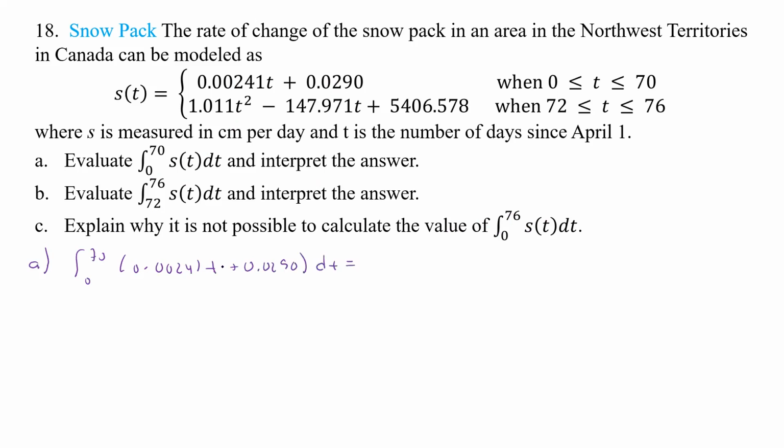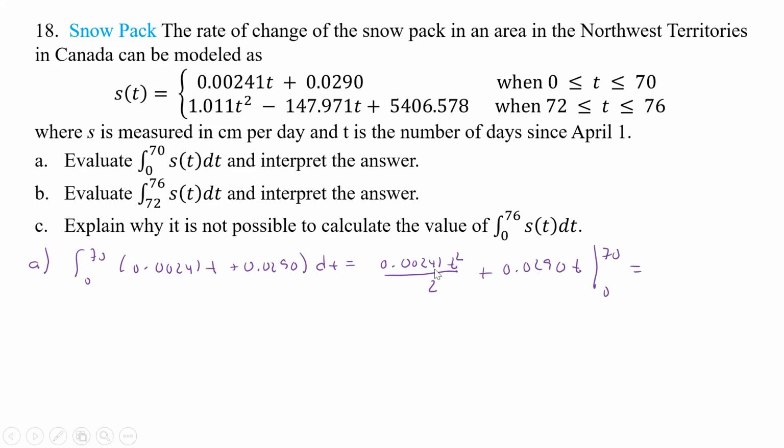And again, we could go ahead and do the integral, and so that would be 0.00241 t squared over 2 plus 0.0290 t, and then we're going to go from 0 to 70, and both of these will give us the same thing. I'm just going to plug it in this way, because this way you have to plug in 70 here and here minus the 0 and 0 there.